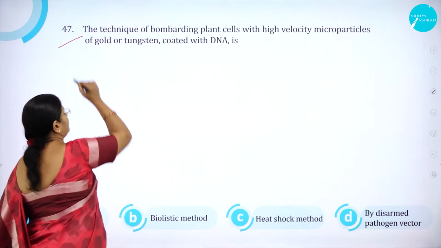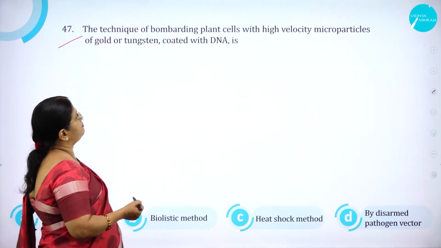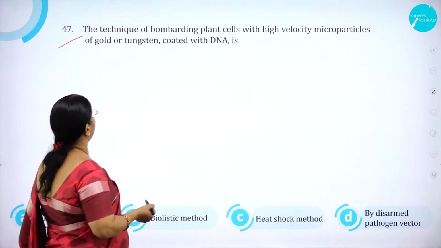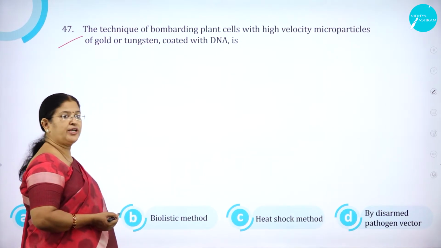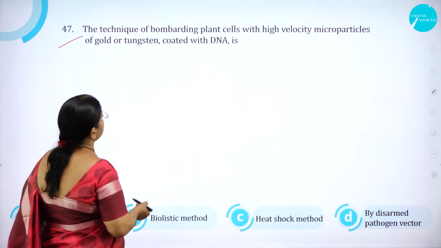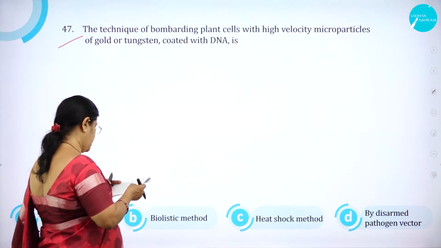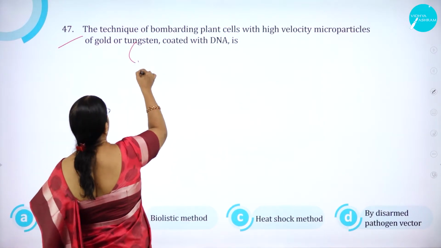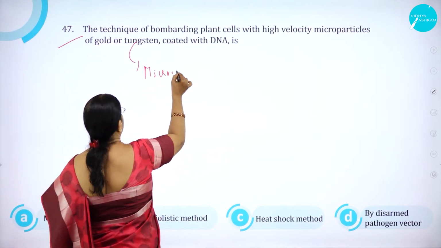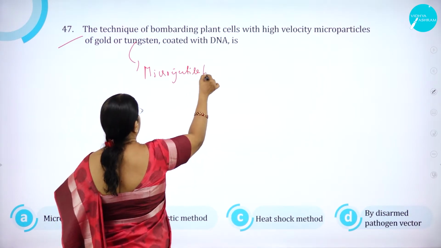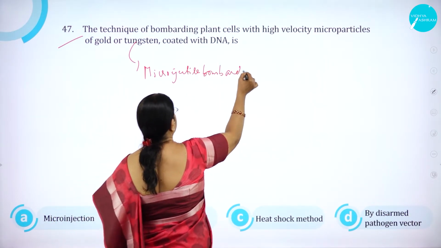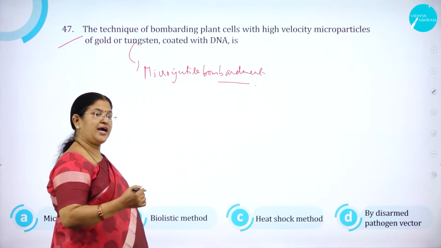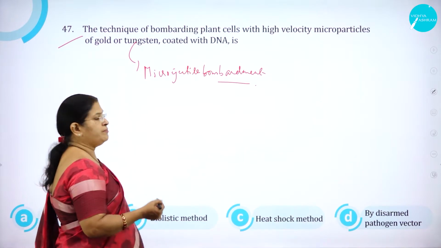Moving on to 47th question. The technique of bombarding plant cells with high velocity microparticles of gold or tungsten coated with DNA is... It is also called microprojectile bombardment, where the foreign substances are bombarded using high velocity microparticles.